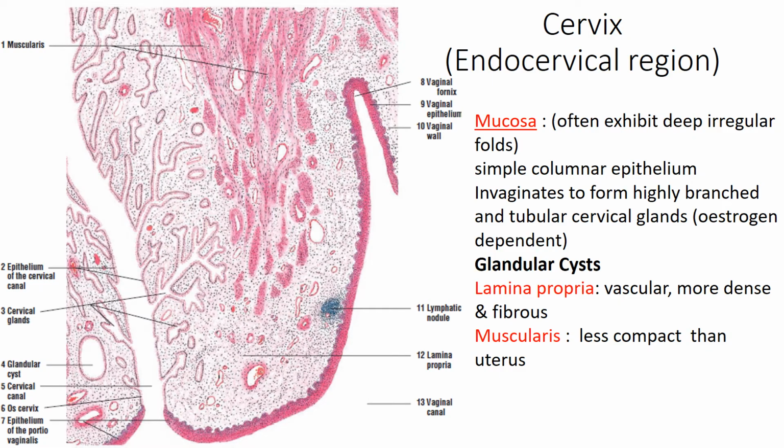Now we will discuss next the histology, though here we will discuss only the histology of the internal portion, the endocervical region. As we have already discussed, this endocervical region is anteriorly placed and has continuity with the uterine cavity.